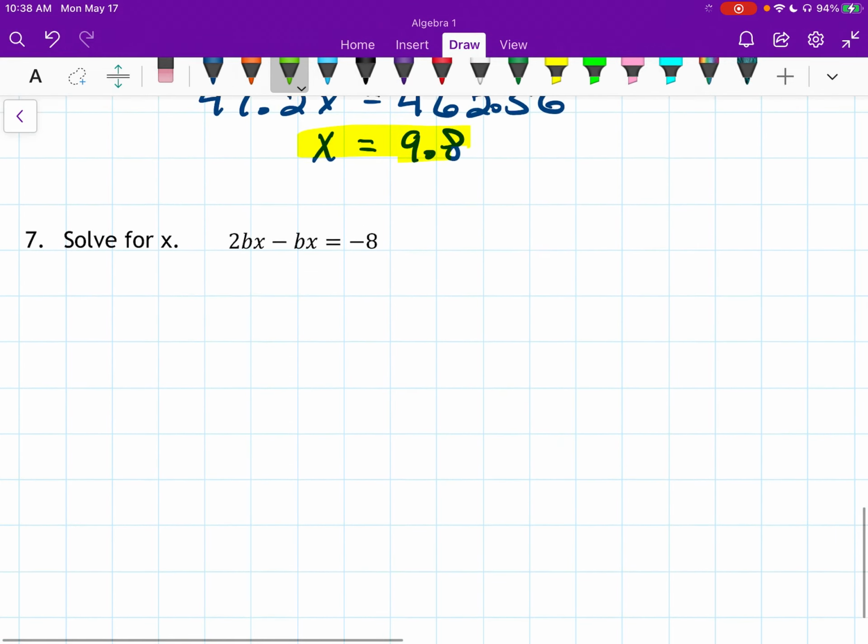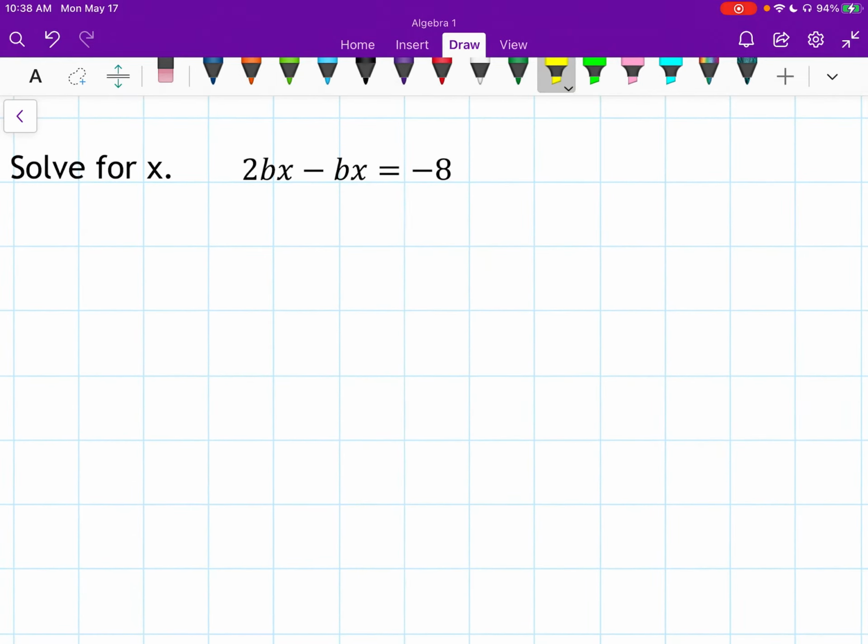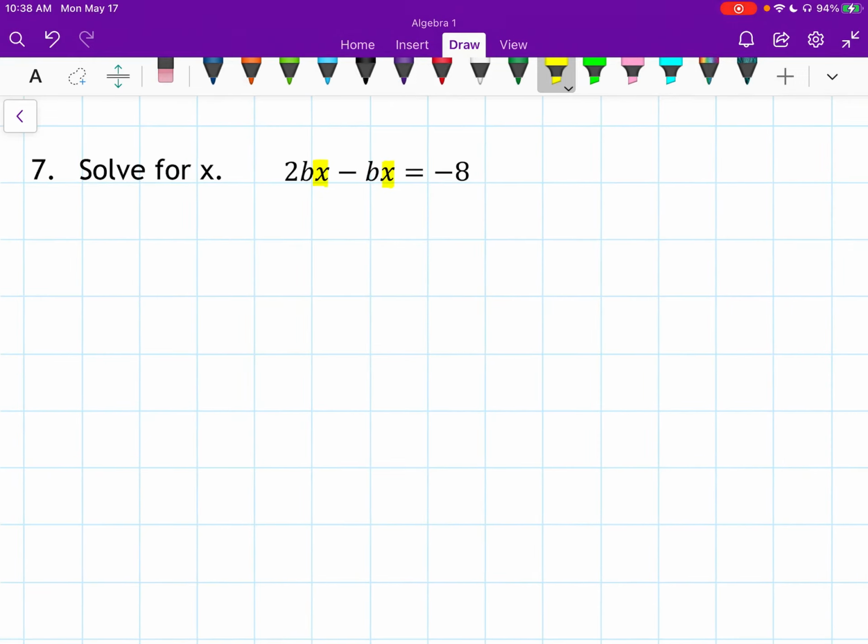Next up, number 7. Now there's going to be some problems like this where it just asks for you to solve for a variable. Sometimes these are called literal equations, where there's a bunch of different letters and you have to manipulate it. Here we're supposed to solve for x. And what we need to look at is we have an x here and an x here. What we're going to have to do is factor. And factor means undo distribute, right?